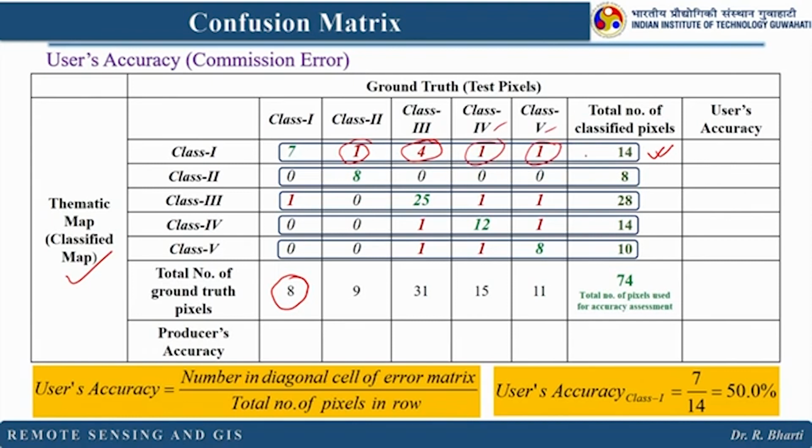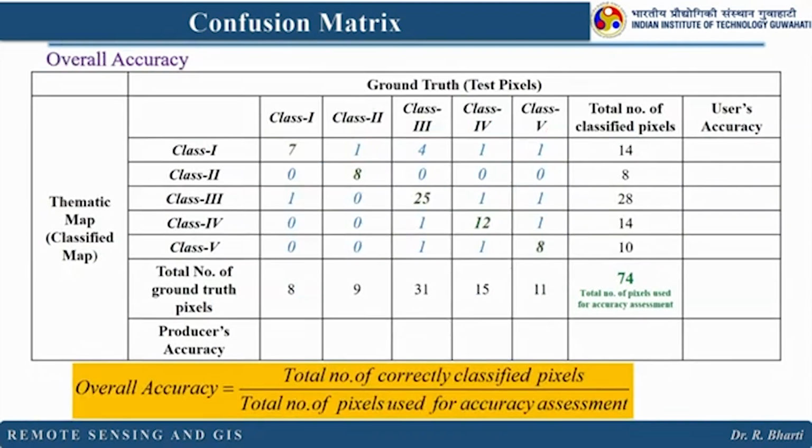So basically here you have committed more error in classification. That's why the user accuracy is reduced compared to producer accuracy. This is why you have 50% for class 1, but in the case of producer accuracy it was more, right?